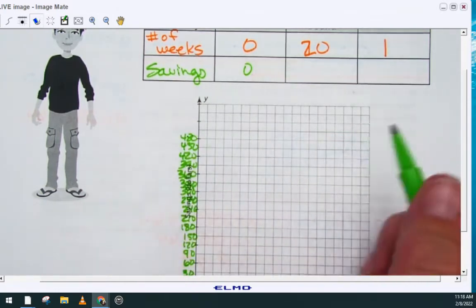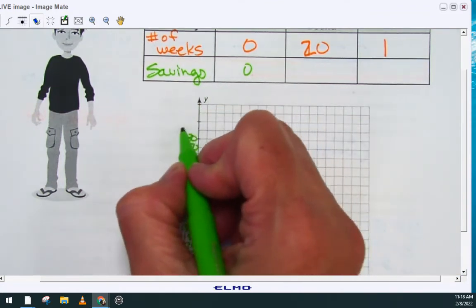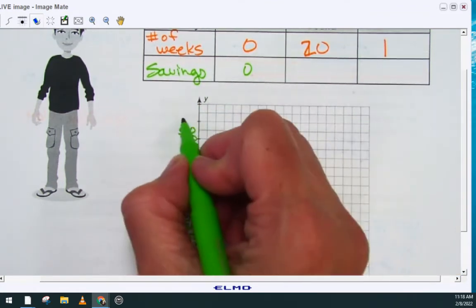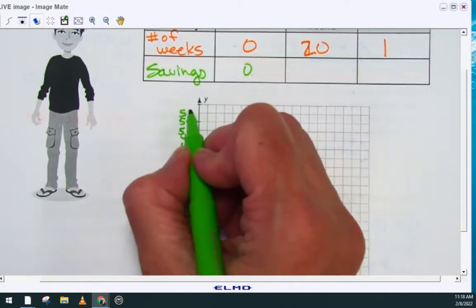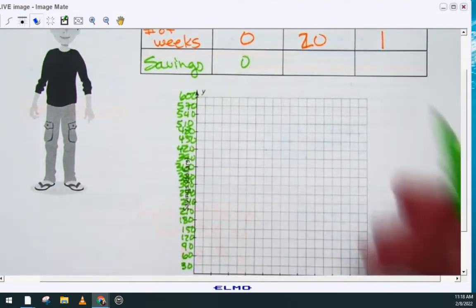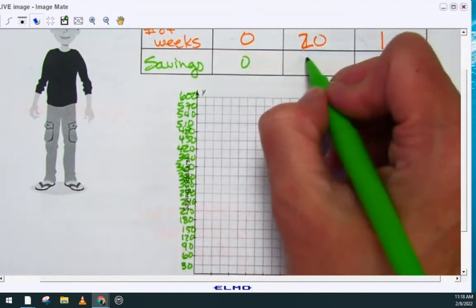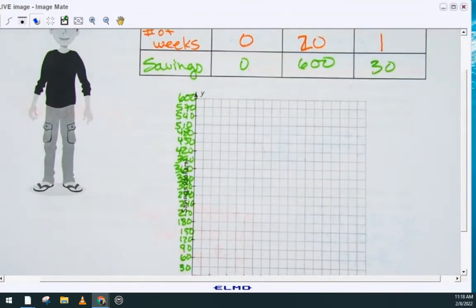Sorry, we're getting closer and closer together. 510, 540, 570, and 600. There we go. So we went up by 30s and we got up to 600. Okay, so now we're going to graph this.